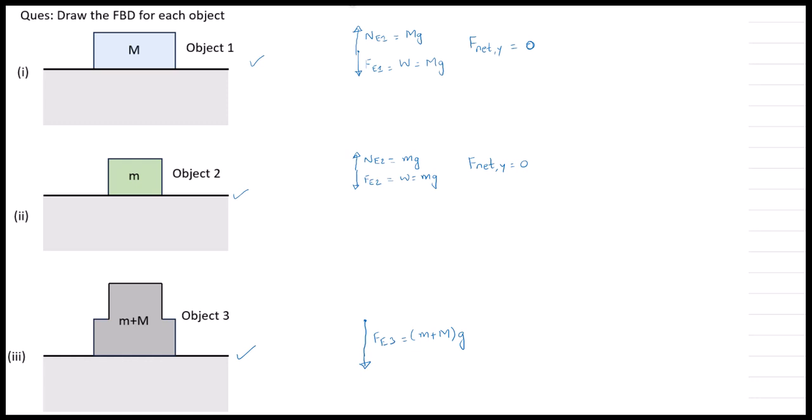And to maintain the vertical equilibrium, we have Earth applying an equal and opposite force. That will be the normal force by Earth on the object 3. That has to be, in magnitude, equal to M plus m times g. And of course, the same condition: because the two forces are equal and opposite in direction, the net force in the y direction has to be 0.